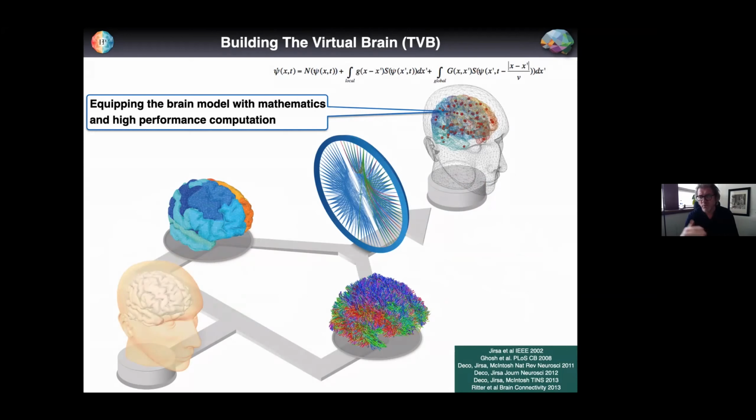In the top right corner, you see an image. Each parcel we represent by a network node spanned in three-dimensional space in the head and connected by what we call the connectome. Yeah? So the structural white matter connections that are connecting these individual nodes.